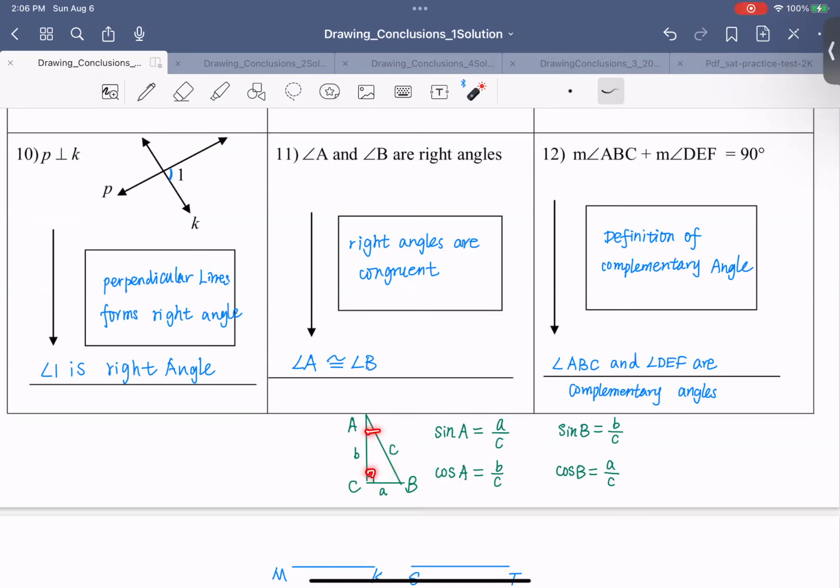Triangle interior angle summation is 180, correct? Yes. If this is 90, these two together will be 90. If these two angles sum to 90 degrees, this sine equals the other's cosine. So these two equal, and these two equal.